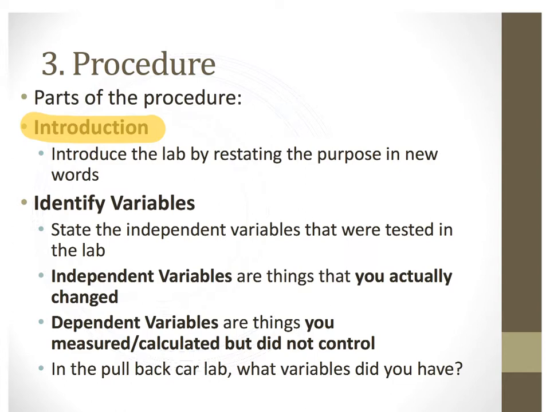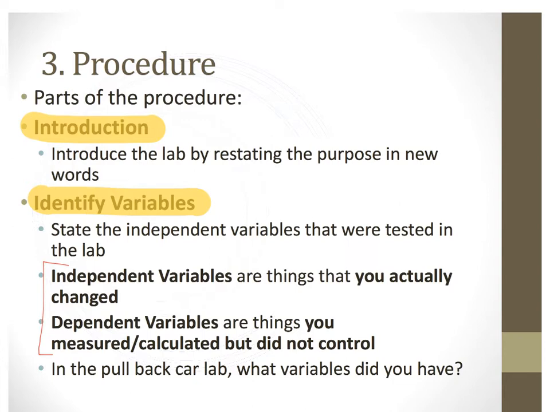The next thing that I would do, and there are a few possible orders that you could do this in, this isn't necessarily the one correct order, but I think the one that makes the most sense next is to identify the variables. Talk about the thing that you actually tested, the thing you controlled for. Be a little bit careful. Just because you measured something does not necessarily make it a variable. What I'm really talking about is independent variables.